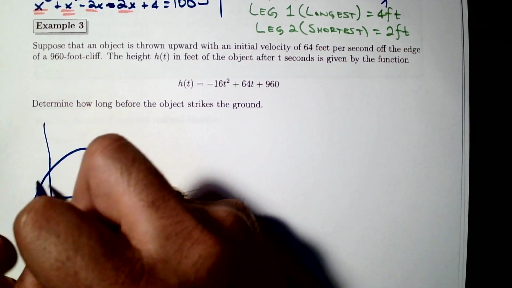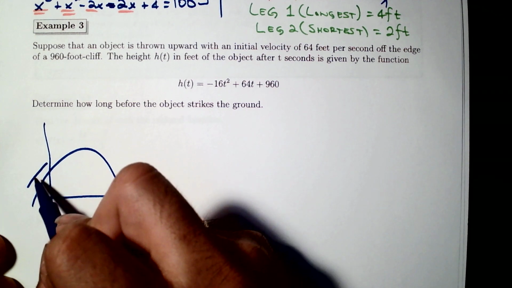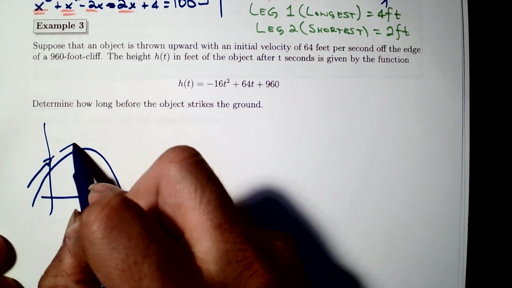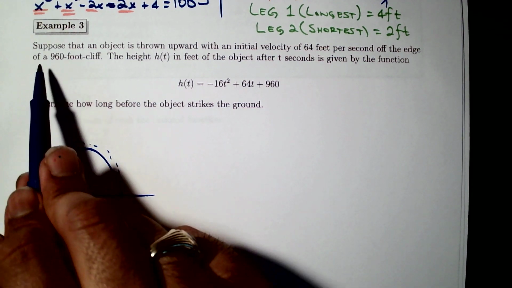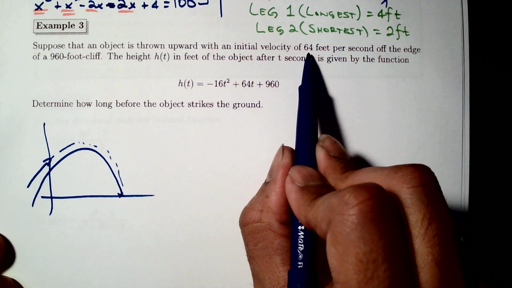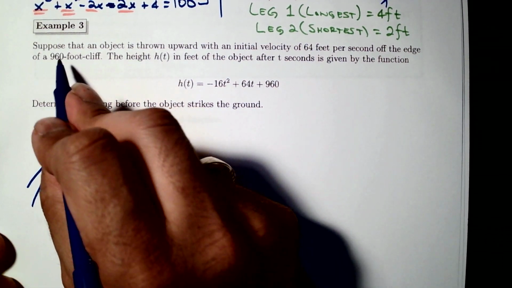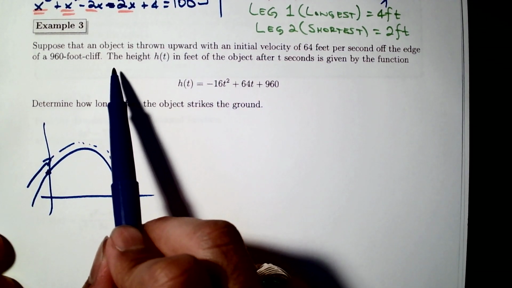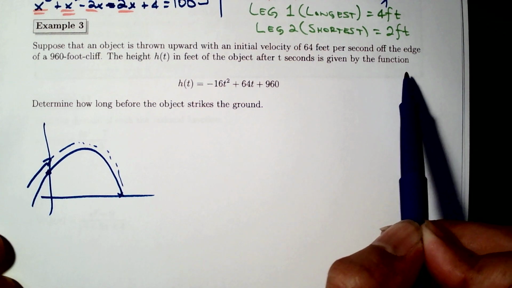You throw a projectile, and it's going to go up, and then it's going to hit the ground. So we have an object that is being thrown with an initial velocity of 64 feet per second off the edge of a 960 foot cliff.